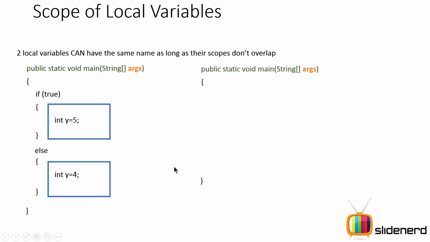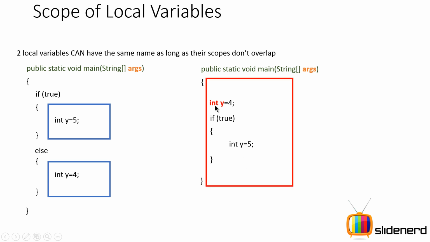But if you take a look at the same example, slightly twisted, if I say int y equals 4 inside my main method, now remember, this is accessible everywhere inside my public static void main. If I have an if condition like if true, and then if I say int y equals 5, now this is invalid, because in this case int y equals 4 has the entire red colored block where it can be used.